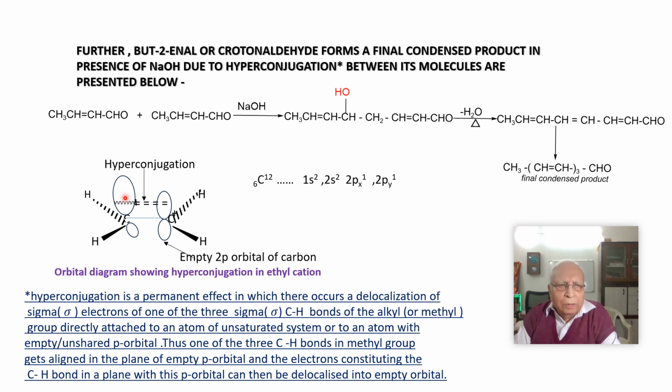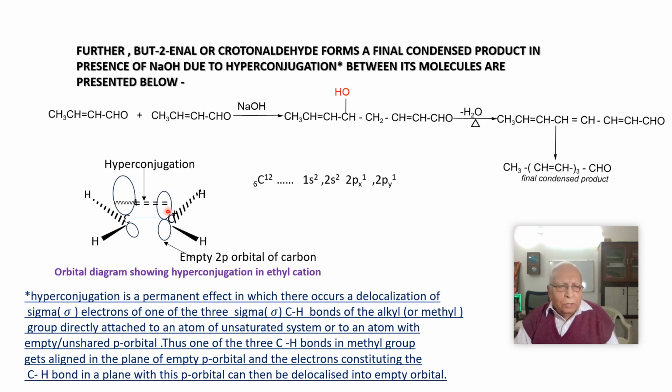it adjusts itself in the p orbital here. But there is another p orbital of the second carbon atom which is bonded to it. Therefore, there is an alignment of this electron with the other p orbital of the other carbon atom, and they lie on the same plane, and that is known as alignment.